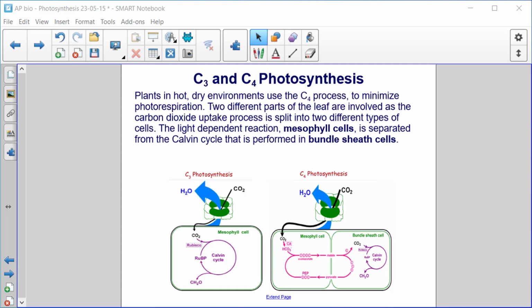The light-dependent reaction in the mesophyll cells is separated from the Calvin cycle that is performed in the bundle sheath cells. So you can see we have the two processes separated, one occurring in the mesophyll and one occurring in the bundle sheath cell.